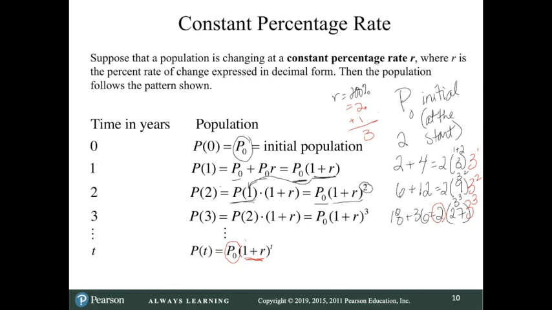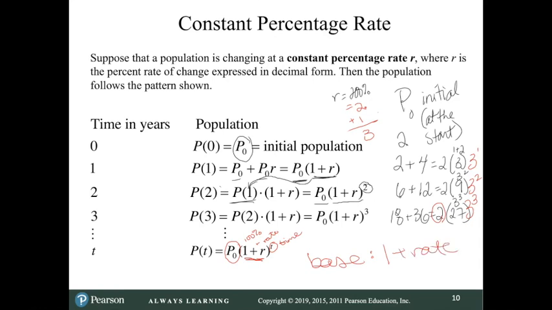So this is 100% of the initial population plus the rate, all raised to how much time we give it. Okay, so that's just a pattern. But notice now my base is 1 plus a rate. So the base that determined the growth or decay is now written as 1 plus a rate.